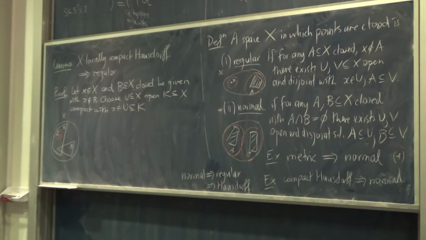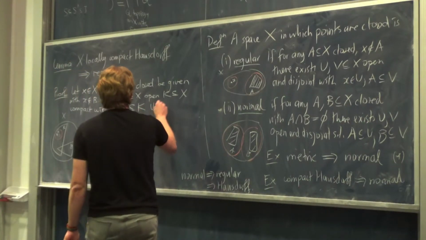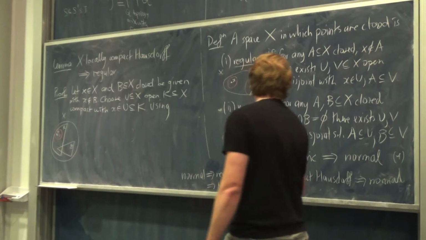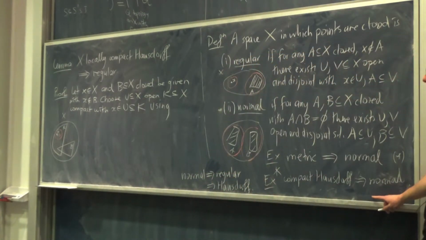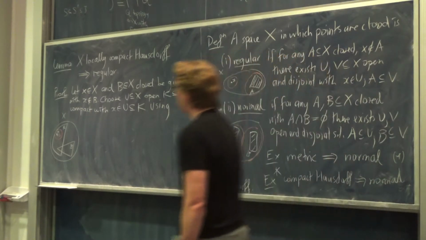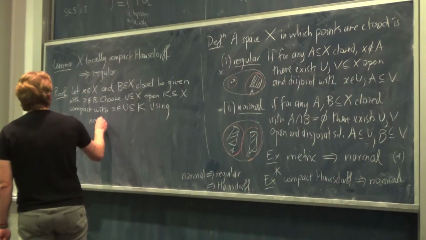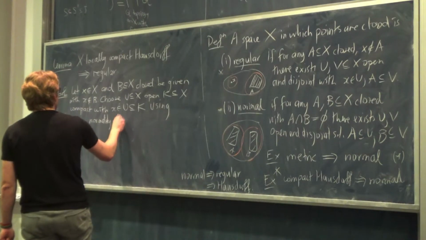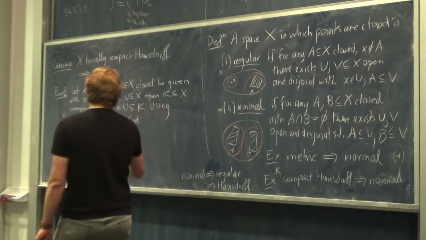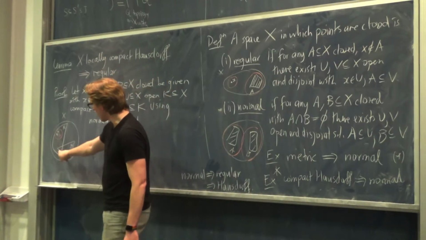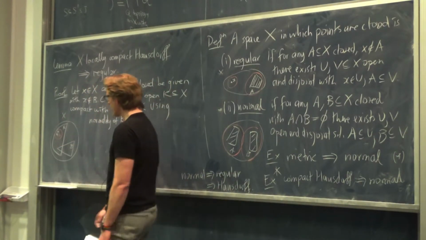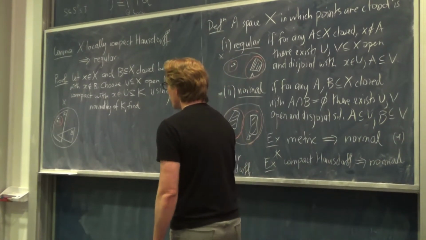All right. Now, so using this, so K is compact, it's a subspace of a Hausdorff space, so it's Hausdorff, and therefore K as a topological space is normal. So focusing on K, on the closed set B intersect K and the point X, we can find an open neighborhood.